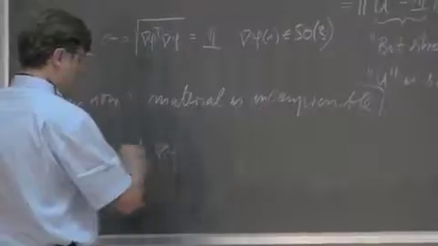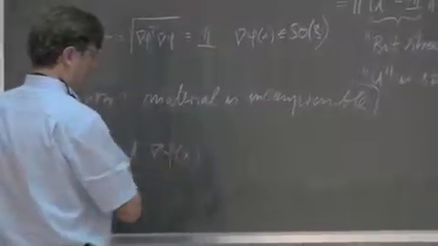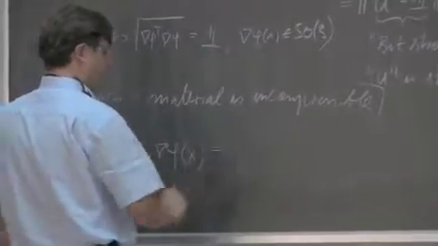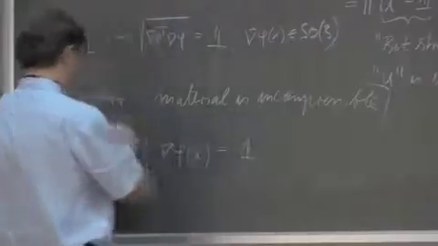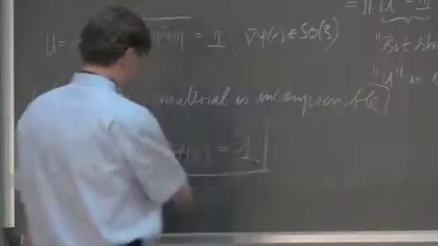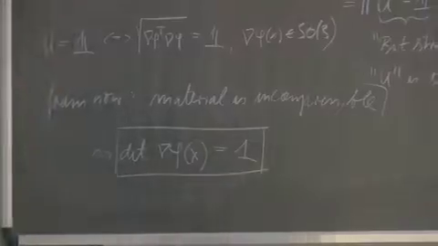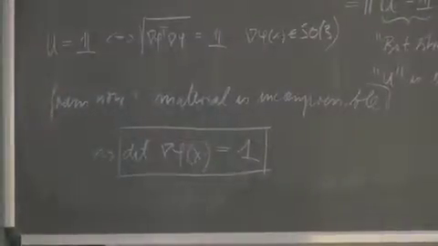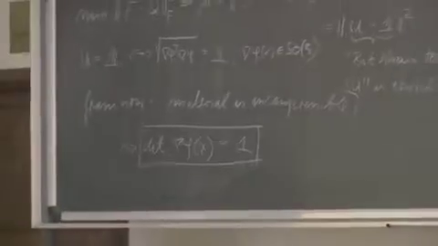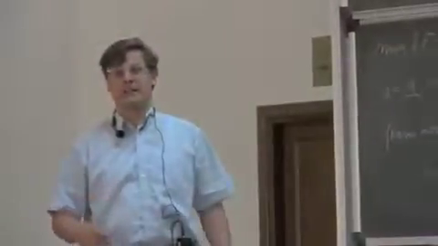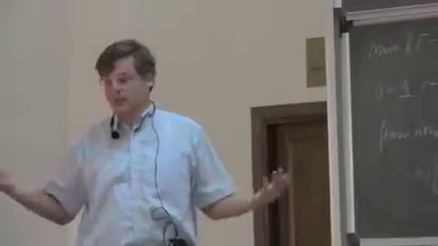The determinant of the gradient of phi of x at each point x of omega ref is equal to 1. That is, the gradient of phi is a member of a special group of matrices, namely the special linear group.